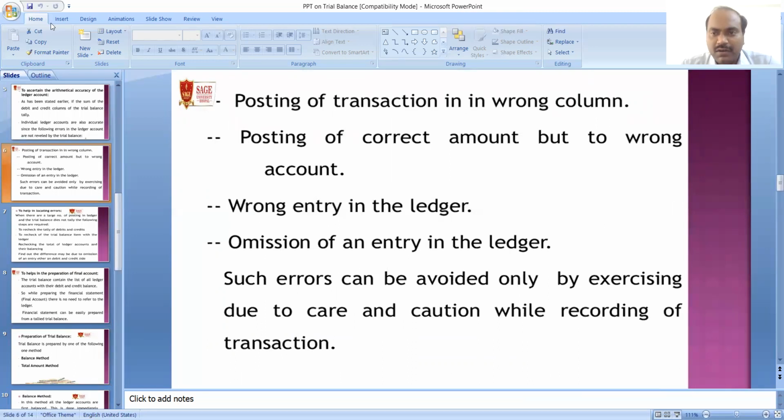Posting of the correct amount to the wrong account can also be a wrong posting. Wrong entry in the ledger can be made, and omission of an entry in the ledger can occur. Such errors can be avoided only by exercising due care and caution while recording transactions.